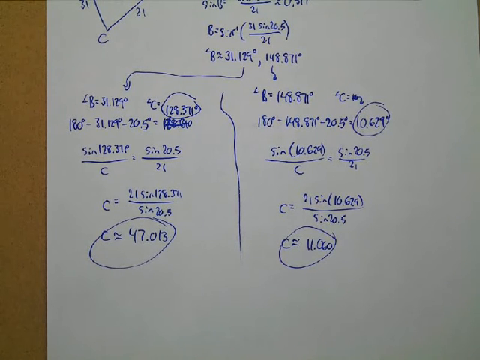Side-side-angle, though, is where you do need to consider the ambiguous case, where it could be 0 triangles, which is easy. The calculator will just give you an error, and then you're done. Then you have the 1 or the 2. That's where it's tricky. You have to account for that first angle you solve for. You have to subtract from 180 or not. So that's the idea there. Questions on any of that?